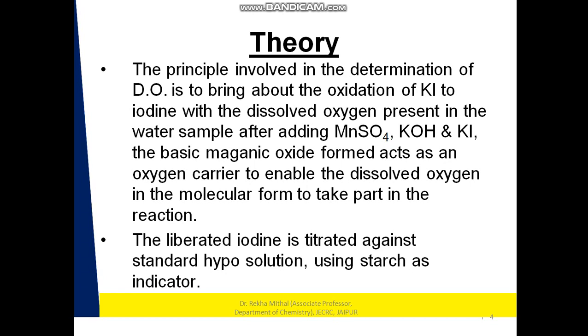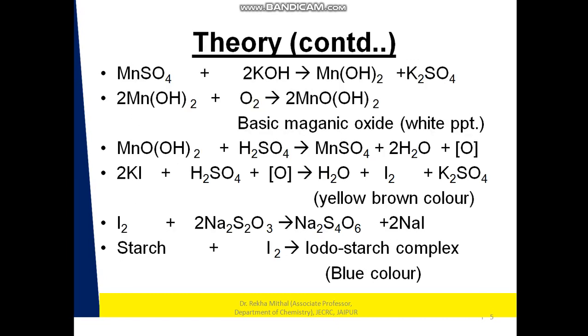The basic manganic oxide acts as an oxygen carrier to enable the dissolved oxygen in the molecular form to take part in the reaction. Since this reaction is iodometric, iodine is liberated. The liberated iodine is titrated against a standard hypo solution using starch as an indicator.